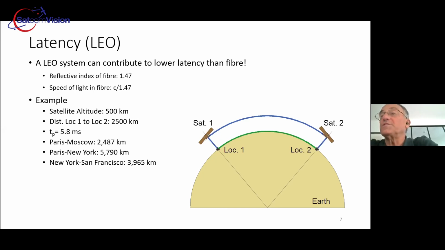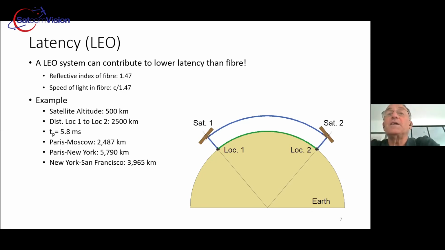We have two options, either to have a direct fiber, which is shown in green, or a satellite link, which is shown in blue. If we consider a satellite altitude of 500 kilometers and the distance between the two locations of 2,500 kilometers, then the propagation time is more or less the same in both cases, 5.8 milliseconds.